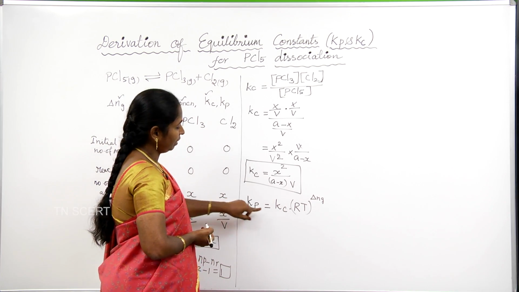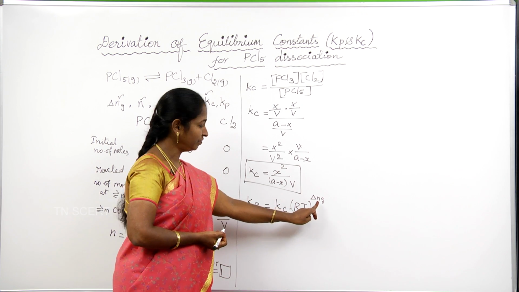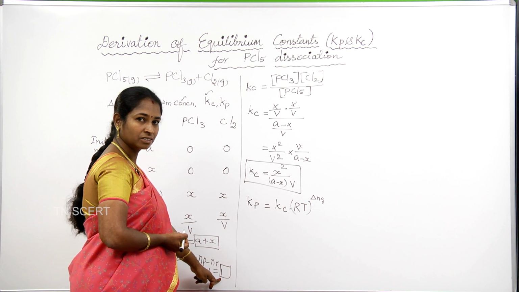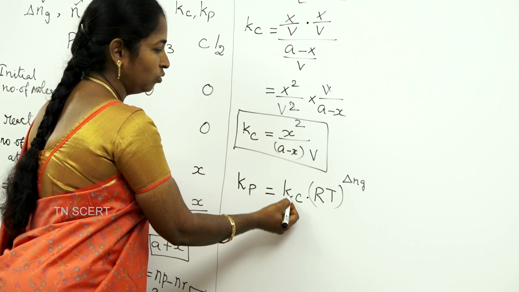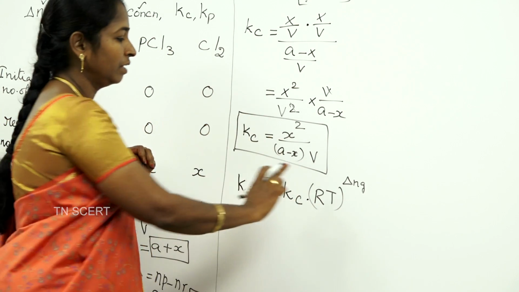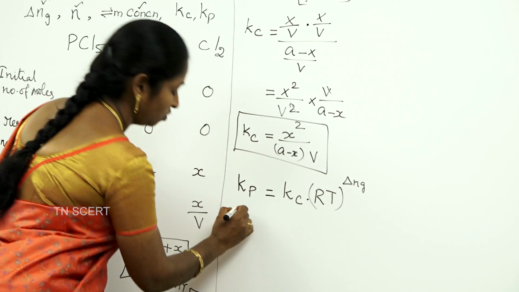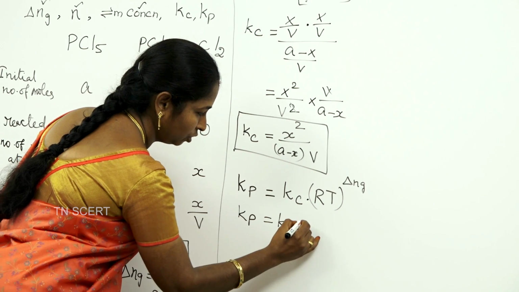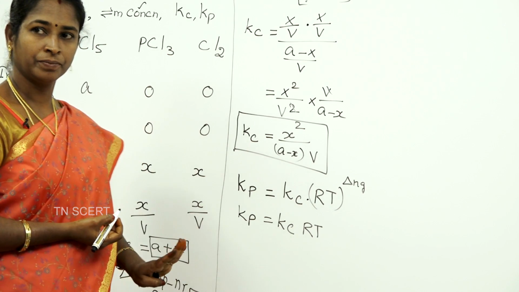We calculated this delta Ng already as 1. Now, you know the value of Kc, it is given as X square by A minus X into V. You know the value of delta Ng, it is equal to plus 1. So, write this equation as Kp equal to Kc into RT power 1, that is RT.